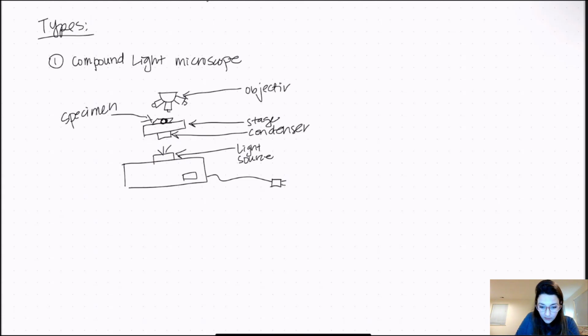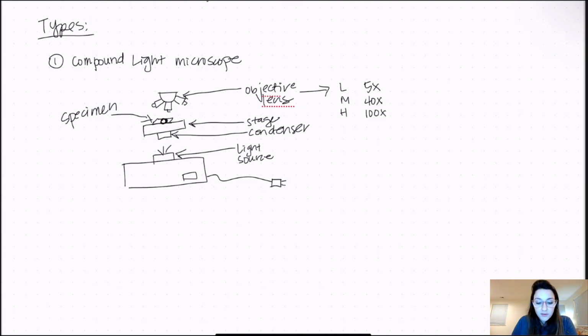Objective lenses can be low, medium, or high power, and each magnifies things a certain amount. Low power typically magnifies things 5 times bigger than normal. Medium is typically 40 times, and then finally high is usually 100 times bigger than it would appear to the naked eye.